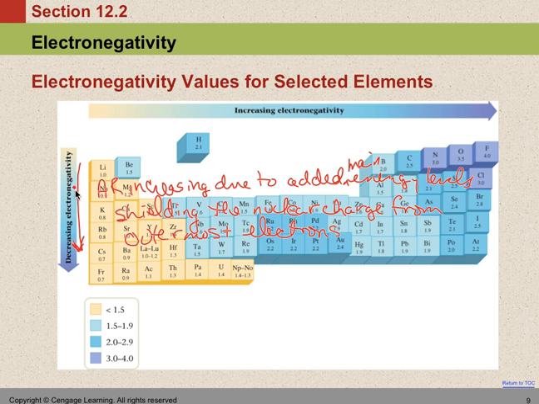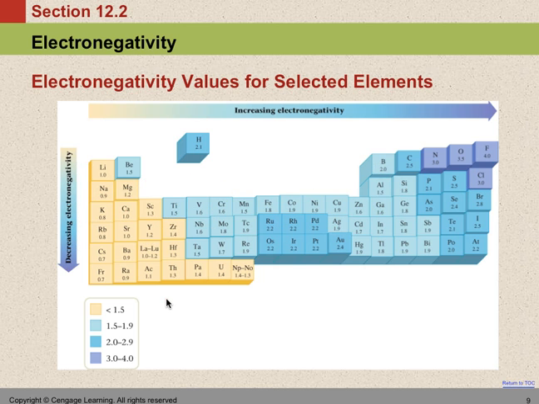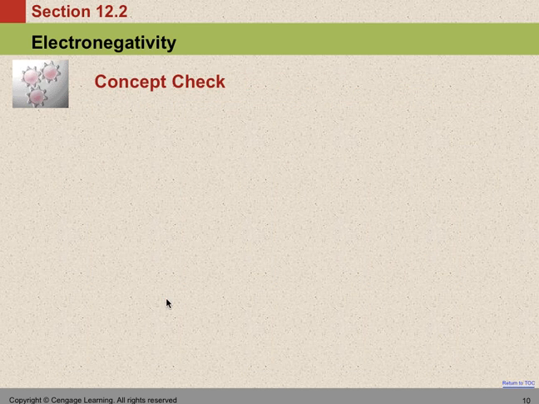Okay. So the ability of an atom or a nucleus to attract a bonded pair of electrons is going to decrease as we go down because the atomic radius is increasing due to added main energy levels and a shielding effect between those electrons and the nucleus.